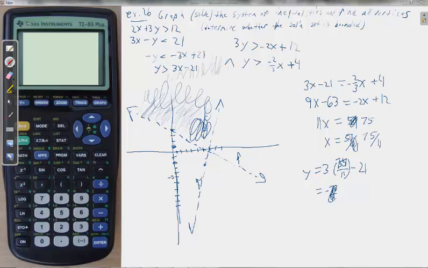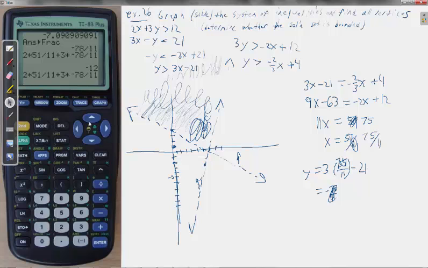Well, let's see what that is. Just going to go to my previous answer and change that. Second enter does that, and do 75 over 11 instead of 55 over 11. And math fraction to convert. Negative 84 over 11. Okay then.